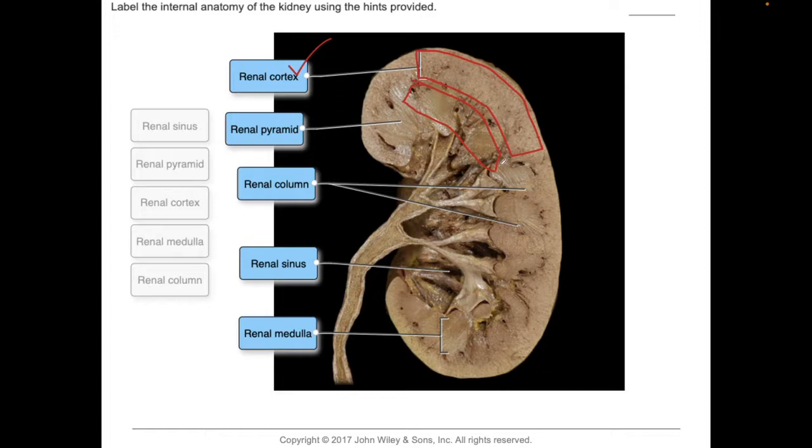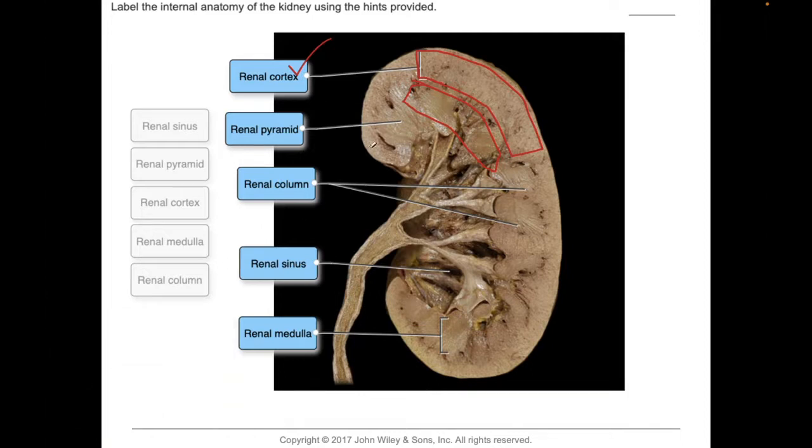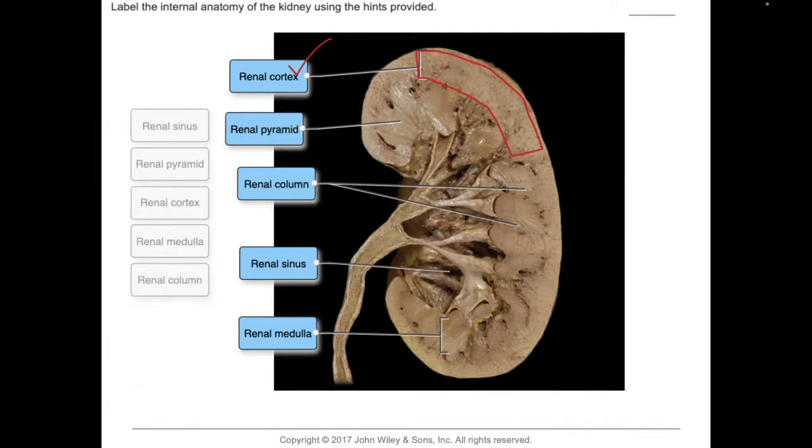Okay. In that medullary region, we have these pyramids. They look like pyramids right here.